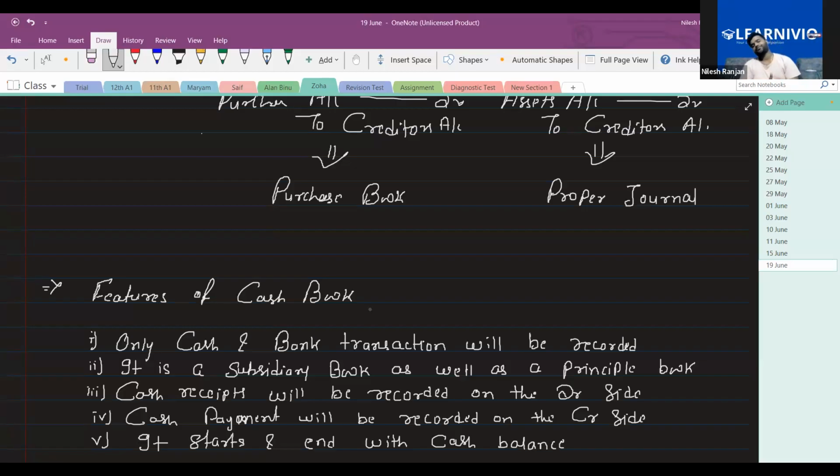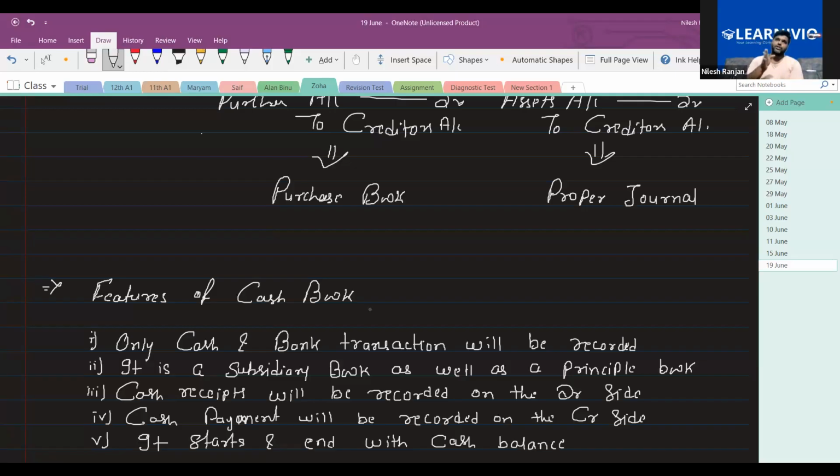Okay. Second, it is a subsidiary book as well as a principal book. Subsidiary book means it is part of the journal, helping the accountant in different ways. And it is also a principal book because if you see the format, it is almost the same as the cash account.